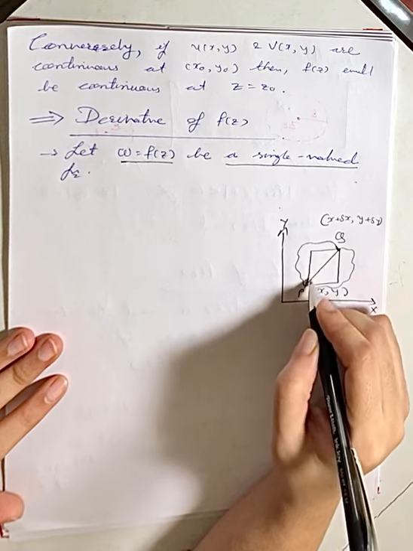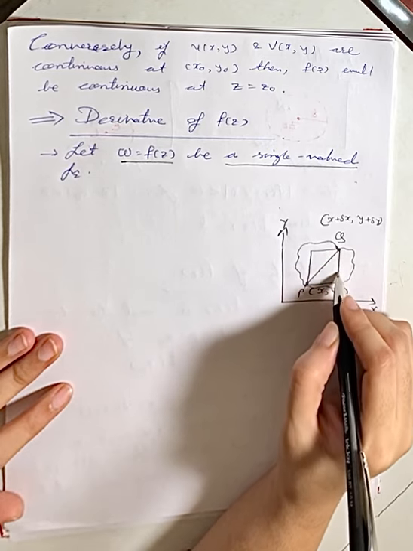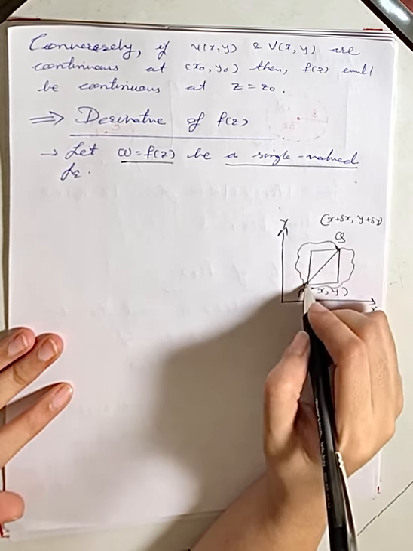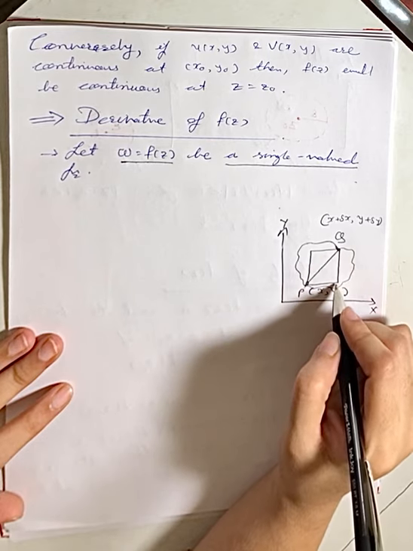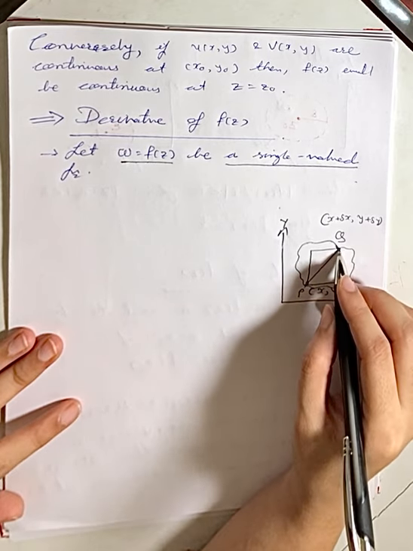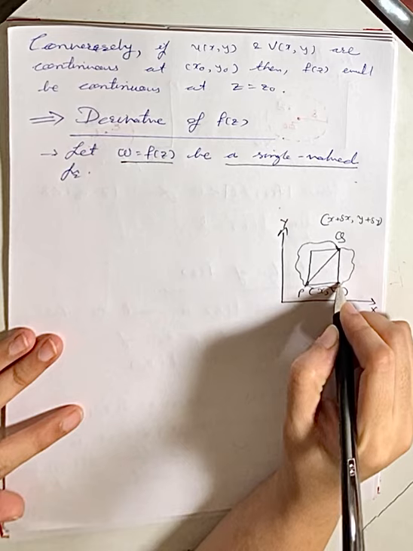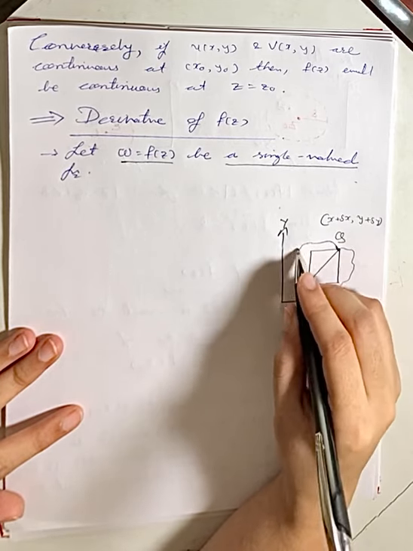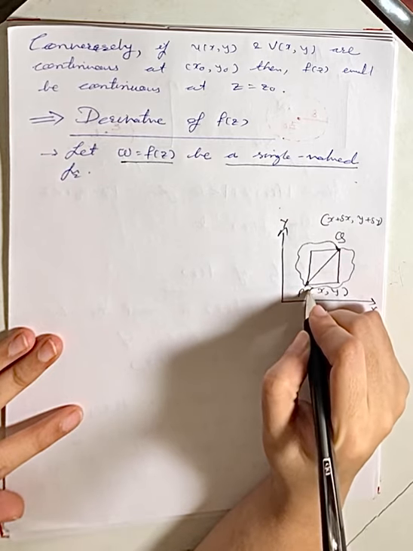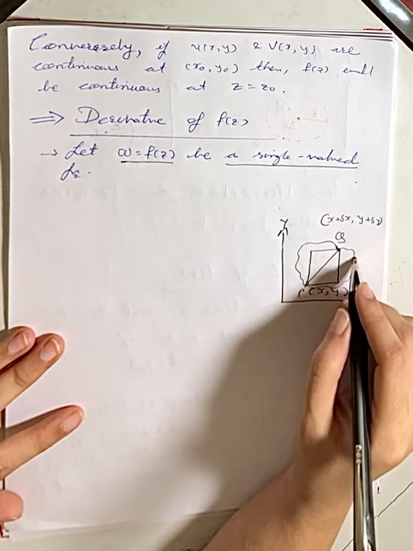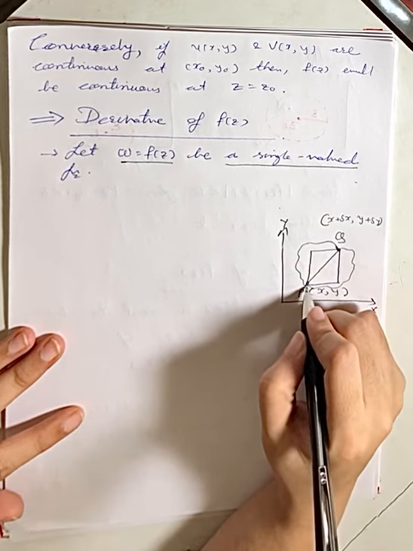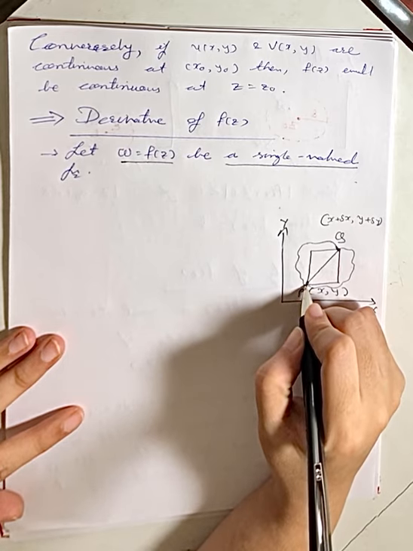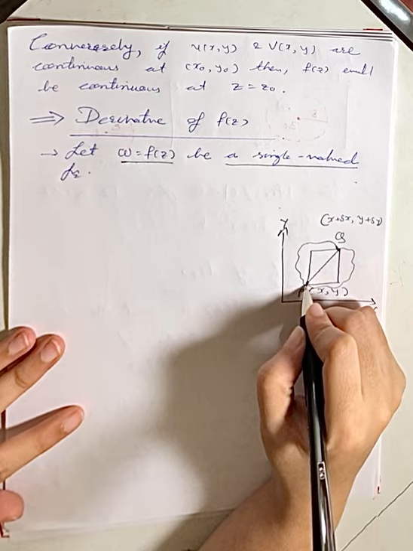Whether you take the straight line path, or you move in the y direction and then x, or you first move in the x direction and then y, or you just take any random direction like I said, irrespective of what path you take, you will always end up with the same result, because the end point is always the same.